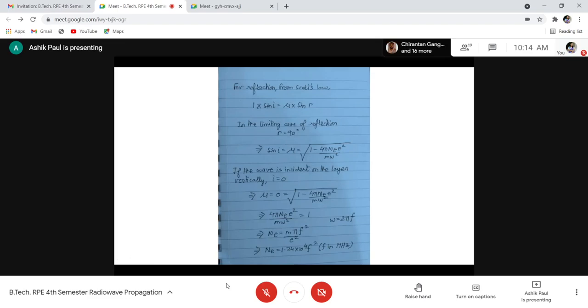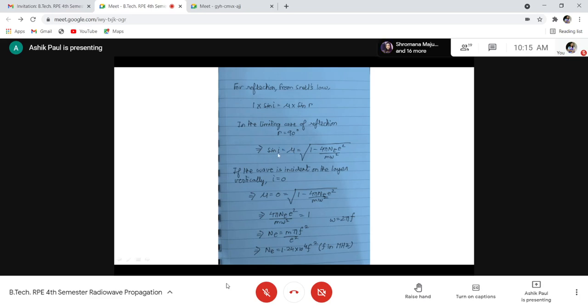So, if we once again apply the very well-known Snell's law for this condition, suppose a particular radio signal is incident from air, that means from a neutral medium, on the ionized atmosphere, then we could write this condition as 1 into sine i is mu into sine r. And in the limiting case of reflection, that means the total internal reflection, this angle of refraction will be 90 degree.